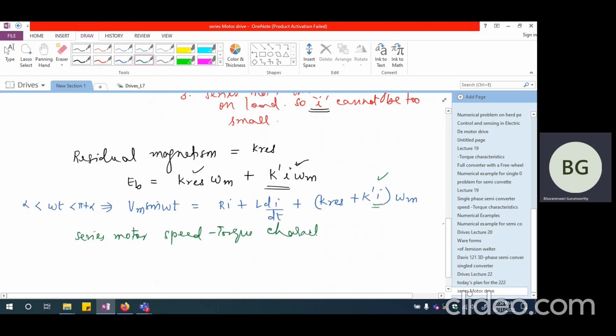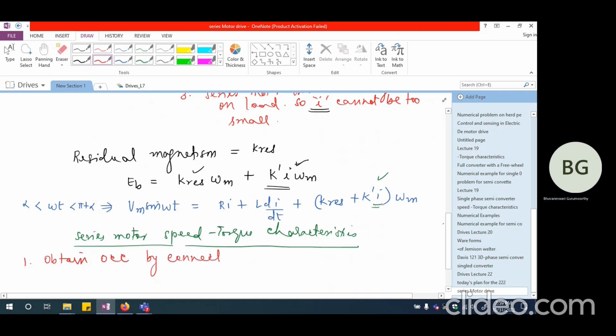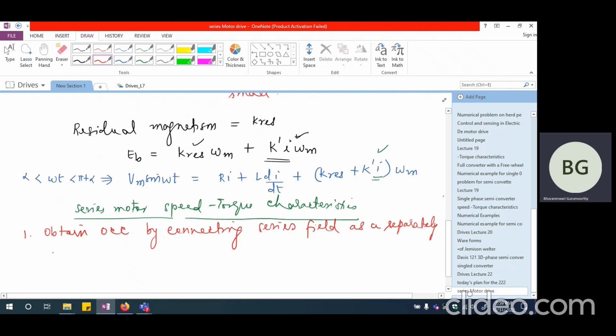If you try to look at it, the first thing we do for a series motor drive is to obtain open circuit characteristics by connecting the series field as a separately excited field.